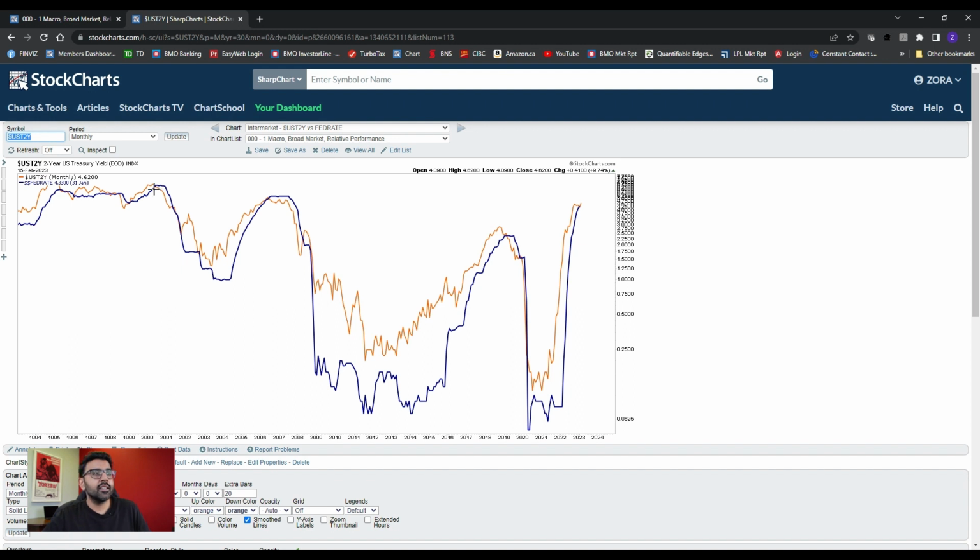We see that when it gets together like that, it seems like the market and the government agree on what rates should be at. They're sort of at the sweet spot. But then over time, they start to separate. The market moves before the government.